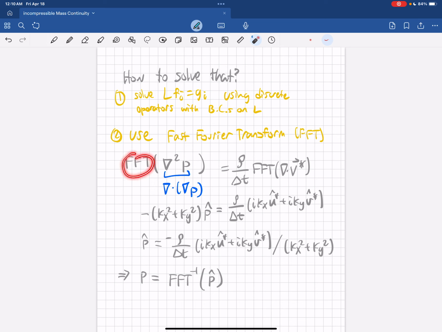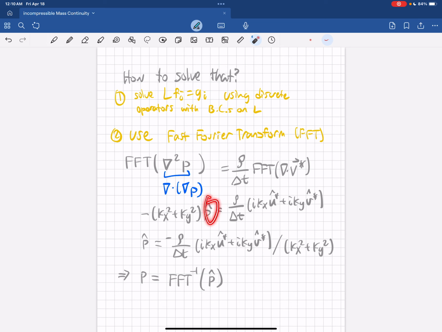Basically, you apply FFT on both sides. Now you're in Fourier space, so you can use these wave numbers, kx, ky, and solve these derivatives in Fourier space, which are these i kx, i ky, where i is a complex number.